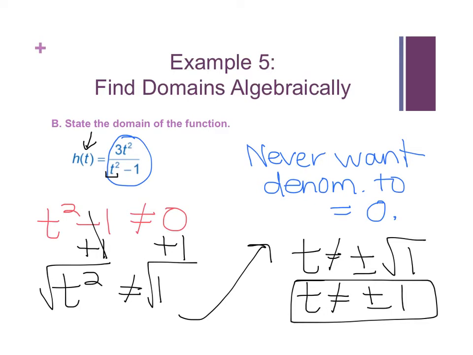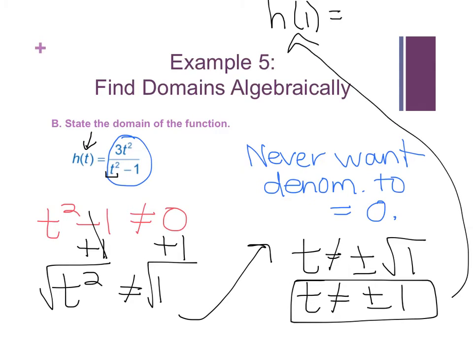Now, here's the reason why. If I evaluate the function at the top of the screen, h of 1 is equal to 3 times 1 squared divided by 1 squared minus 1. On top, 1 squared is 1, and 1 times 3 is 3. On bottom, 1 squared minus 1 is equal to 0.